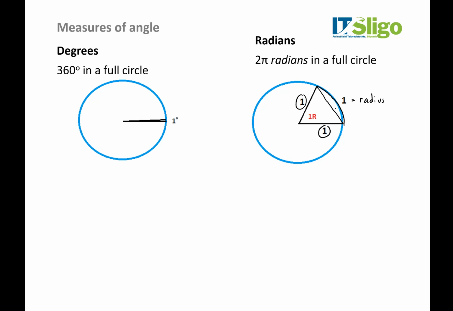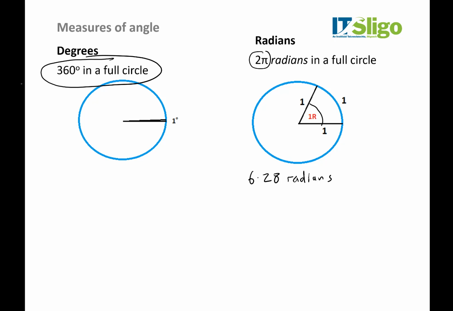It's a rounded line, an arc. If we have this where the radius is the same length as the arc, that angle will be the same regardless of the size of the circle. And that angle is called 1 radian. There's 2 pi radians, so that's 6.28 radians in a full circle.